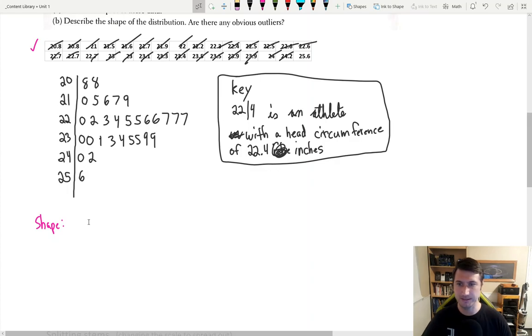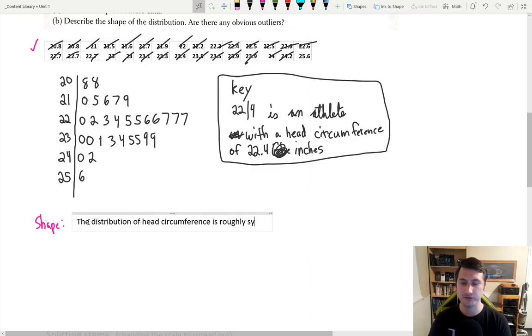What do we see here? All right. I might not say the shape of head circumference, that might be kind of mean. The distribution of head circumference is roughly symmetric. All right.